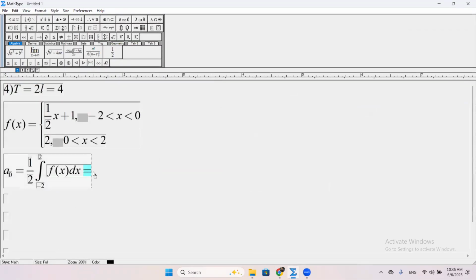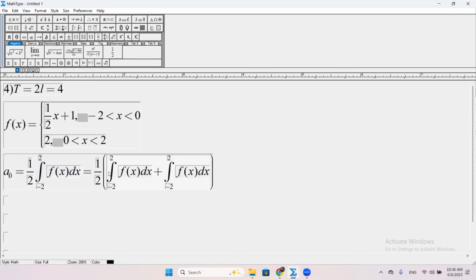So it will be equal 1 over 2 and, okay, let me duplicate and then I will fix it. So 1 over 2 x plus 1 here, and 2 in this integral. So let's calculate.